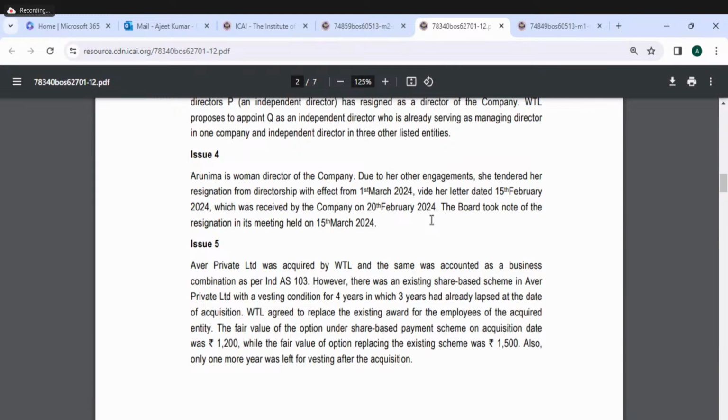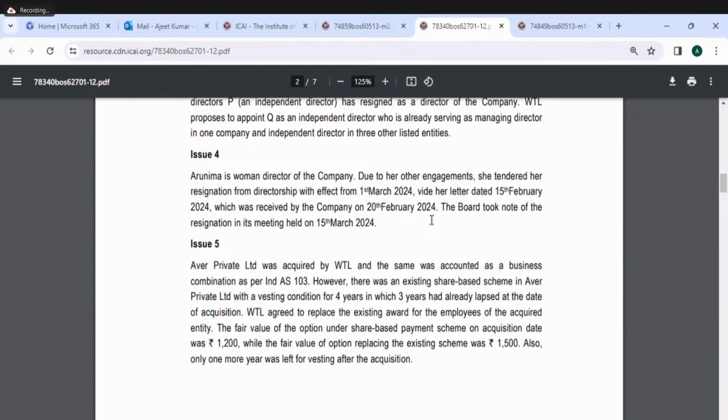This participation of women directors will also help the company reduce gender bias and promote Article 14 of the Constitution. Students, whenever we are reading law, we have to read what is given in the act as it is, but many times the things come from the Constitution or other scenarios.